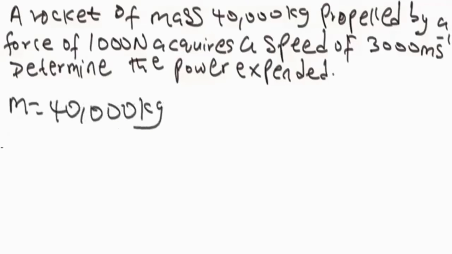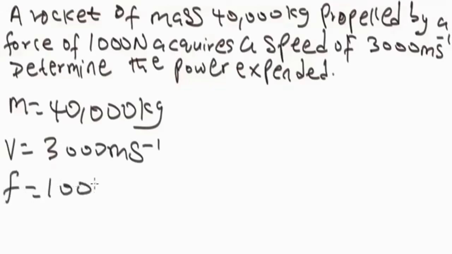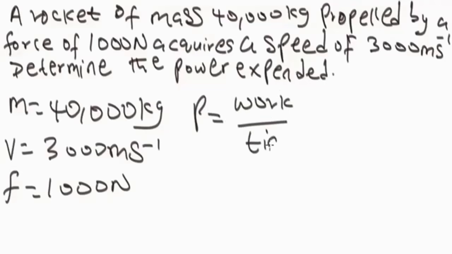We have our velocity to be 3,000 meters per second, and we have our force to be 1,000 newton. Alright, so to determine the power, remember power is work over time.